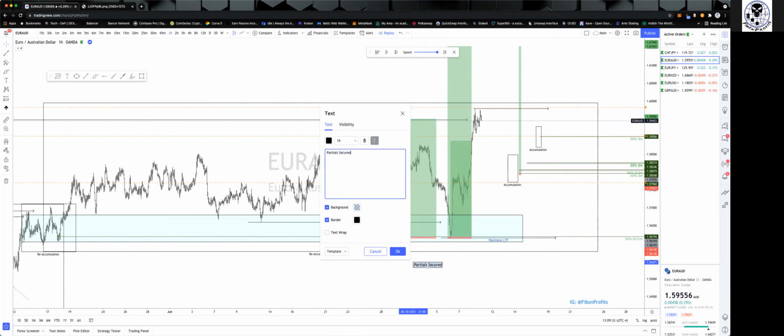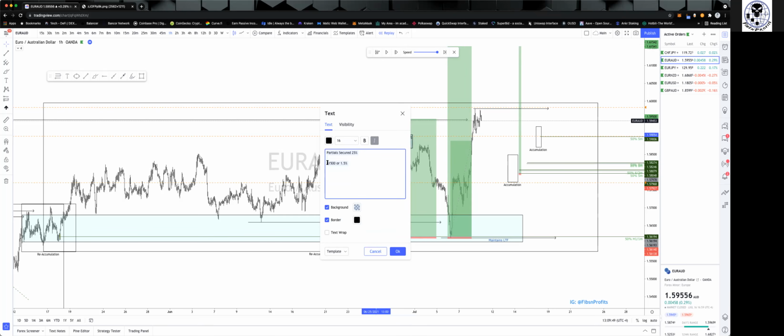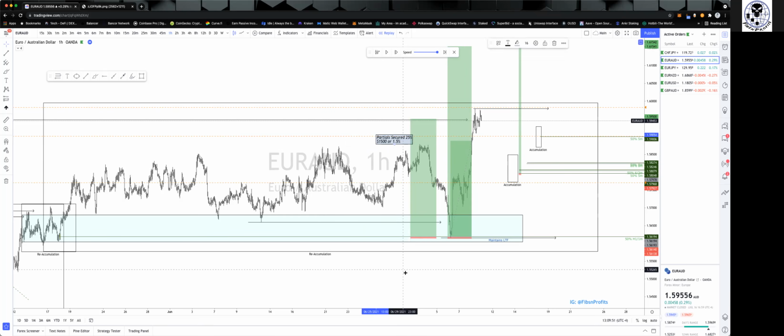All right, so partial secured, 25%. And what it was, in this case here on the 100K account, was $1,500 or 1.5% secured, right? So we secured, in this case here, right here. There we go. That's where we ultimately secured our first partials.